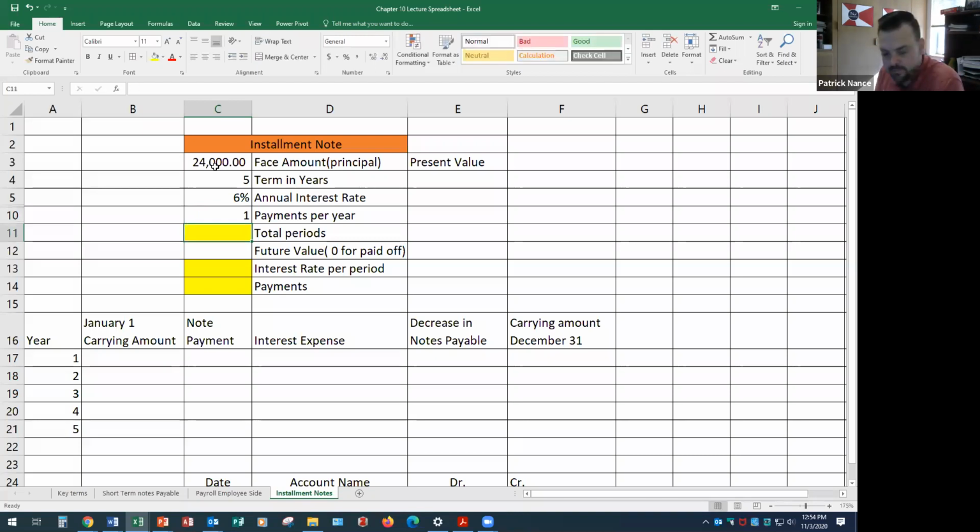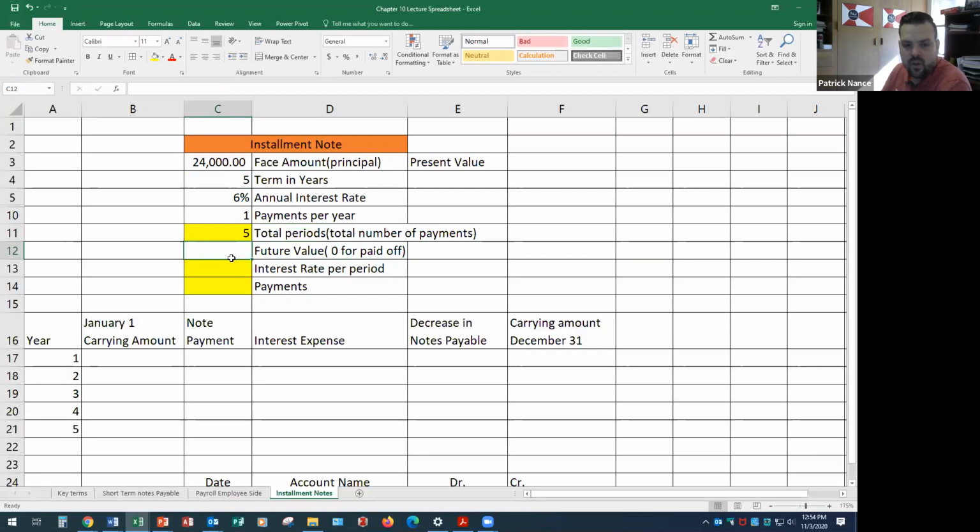To find the total periods, I take the number of years times the number of payments. If I had used 12 payments per year, there'd be 60 terms, which makes sense, 60 payments. In this case, the total periods is also the total number of payments.